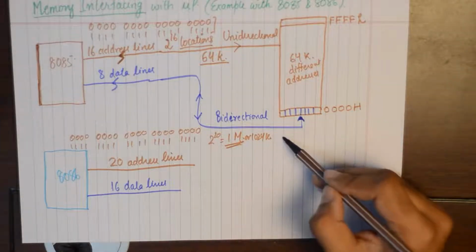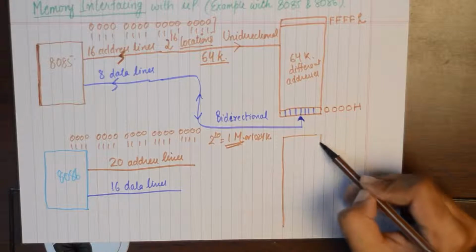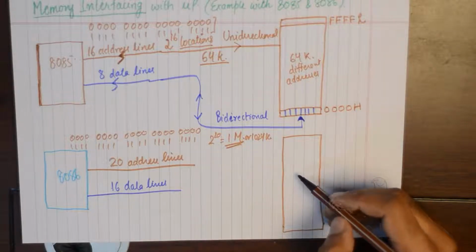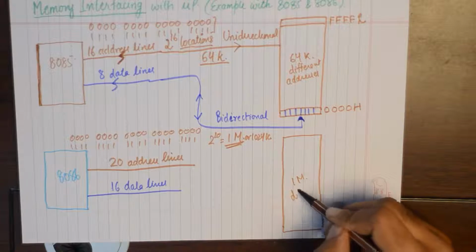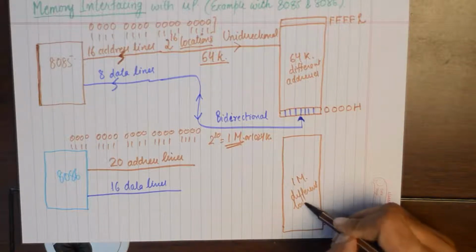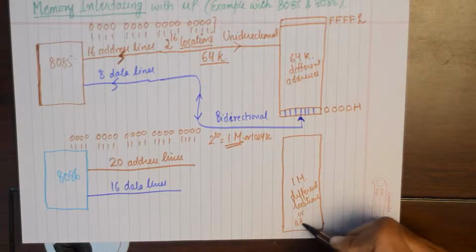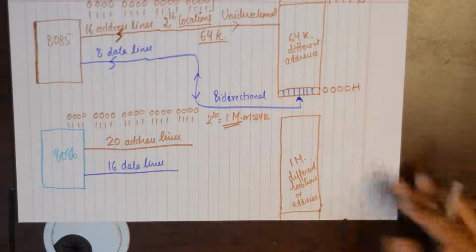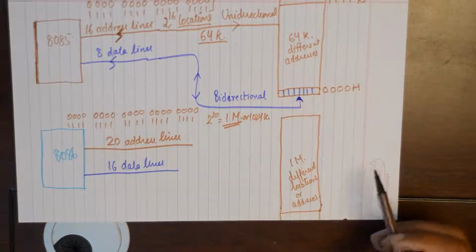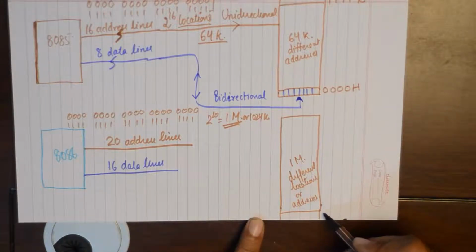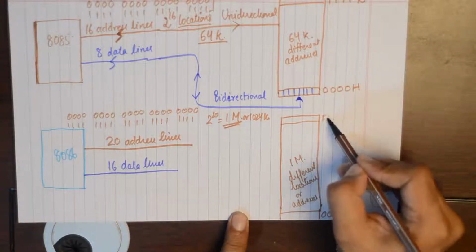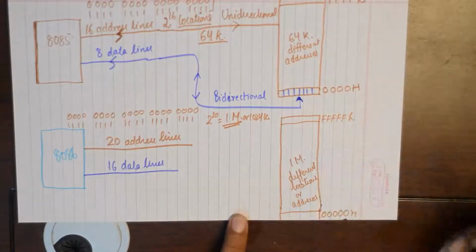So the memory that we attach here to the 8086 will have 1M different locations or addresses, and understandably the first address will be 20 zeros, more conveniently written as 00000h, to 5 times Fh.